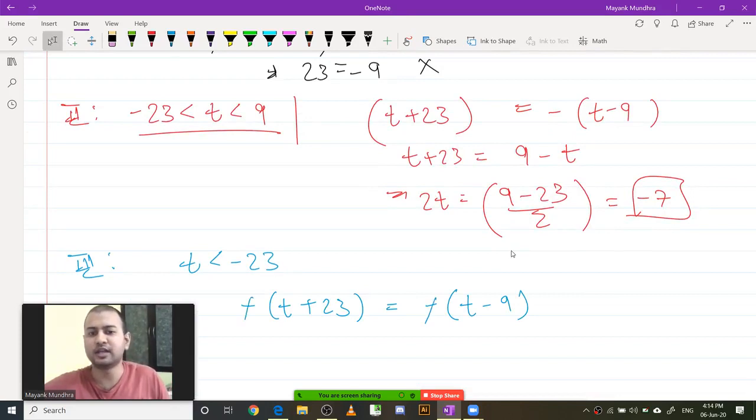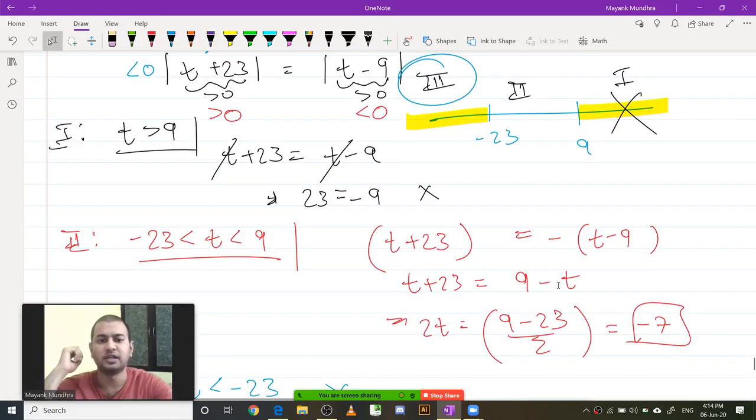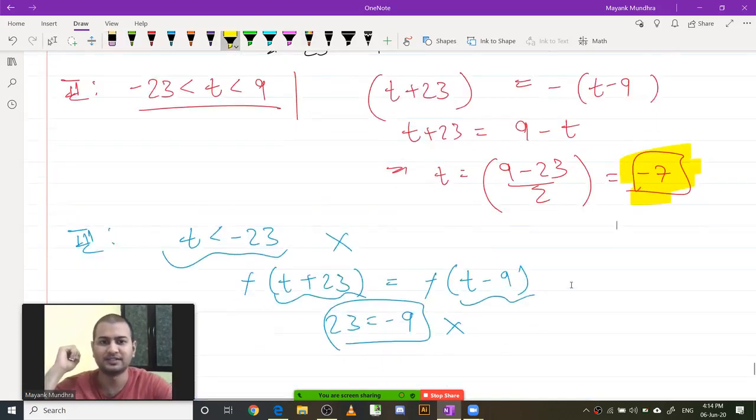The negative can cancel out and you will be left with the same contradiction, that 23 equals minus 9. It has no solution in this region. So the only solution to this equation is t equals minus 7.